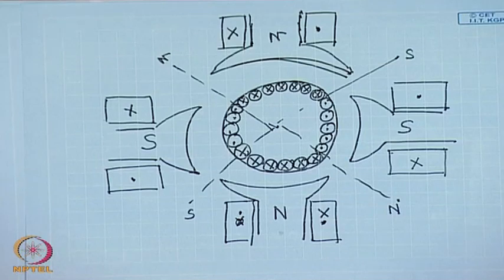They can be connected in series with the armature, giving rise to what is called a series machine. They can be connected to a separate source, by which we get what is called a separately excited DC machine. They can be connected parallel to the armature, by which we get a shunt DC machine.